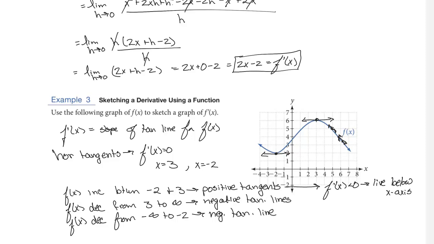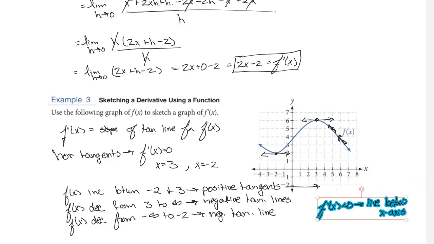I wrote that in the wrong place. Let me move that down here because we were talking about the negatives. Likewise, if we have positive tangents like we do here, all those tangent lines are going to have a positive slope, then that means the value of the derivative is going to be positive, which means the graph is going to live above the x-axis.